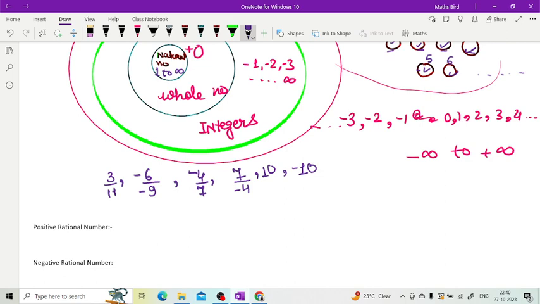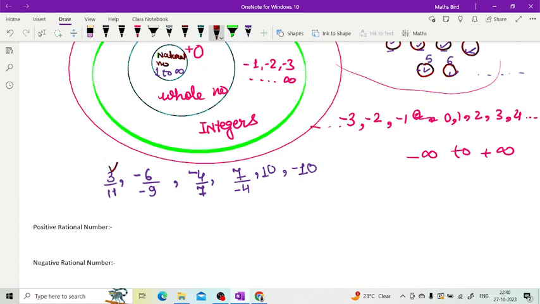As we know, the first thing is all of these are rational numbers, right? So if the number is positive, then it is a positive rational number. If the number is negative, then it is a negative rational number.